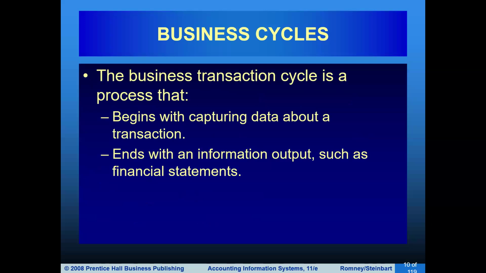The business transaction cycle is a process. Process means a lot of activities are involved. Its activities begin with capturing data about a transaction, right? First, you go and buy something, and the system wants to capture some data, and ends with information output, such as financial information.